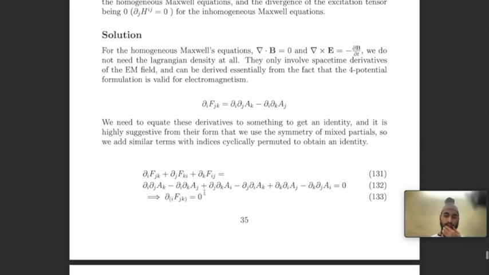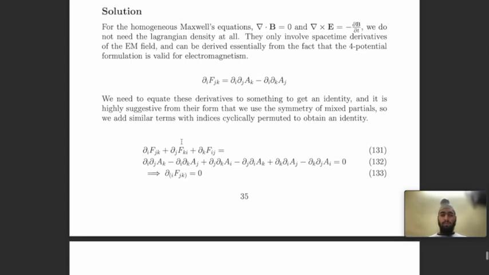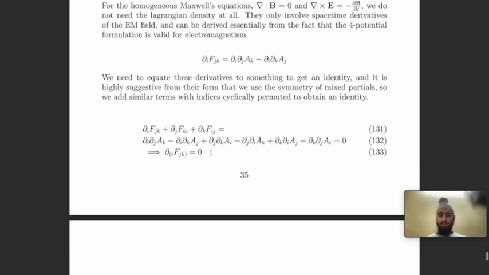We add similar terms to ∂_i F_jk, specifically ∂_j F_ki and ∂_k F_ij, where we are essentially cyclically permuting the three indices i, j, k and adding all those terms. And then due to the symmetry of mixed partials, all these terms cancel out, which you can check, and we get a 0. Hence we have an identity. This identity is called the Bianchi identity, and this is exactly the homogeneous Maxwell equations.